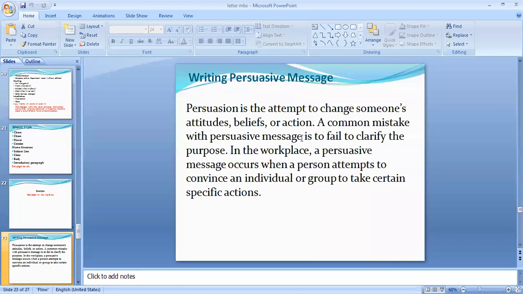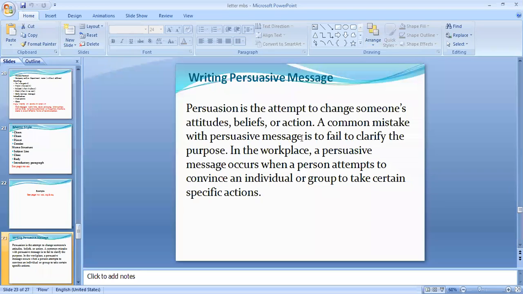In the workplace, a persuasive message occurs when a person attempts to convince an individual or group to take certain specific action. Means why we persuade: to convey the message and to make that person believe in you.